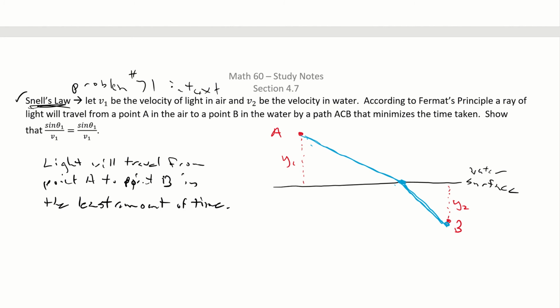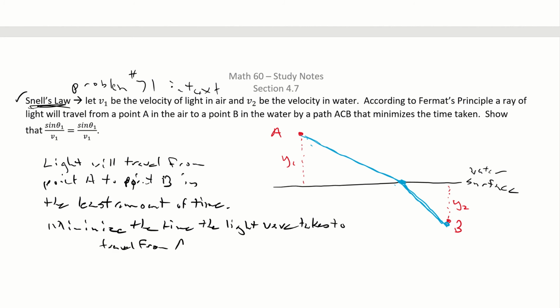We're going to minimize the time the light wave takes to travel from A to B.